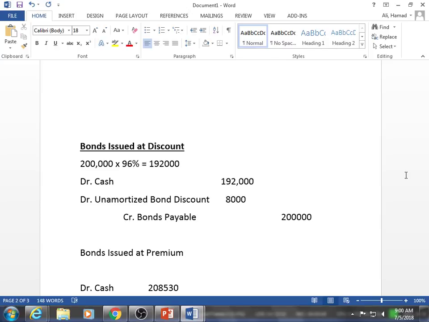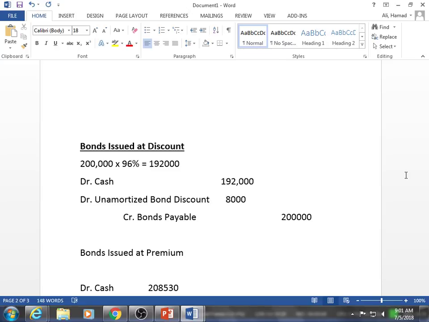Since it's straight line, we divide the unamortized bond discount by 10 times, that's how many payments you're making. That's how much we should amortize out of this unamortized discount. Once you amortize a portion, the balance goes down until you amortize the whole amount. But what happens to the carrying value?